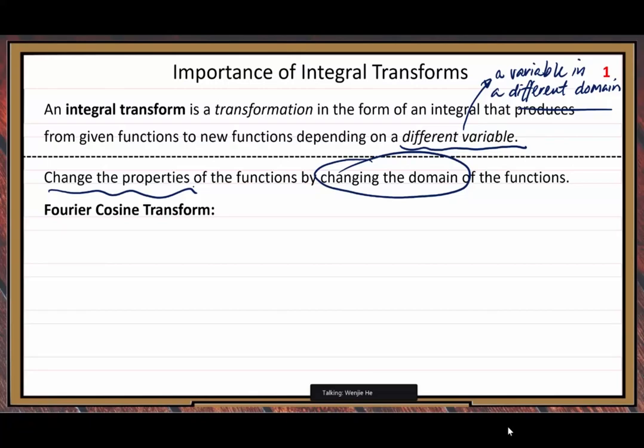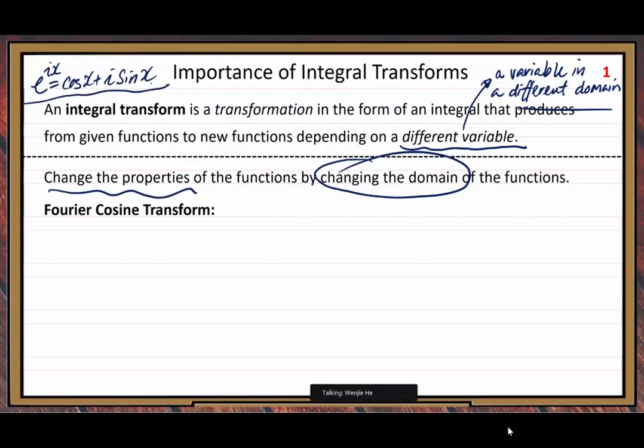Let me review the Euler formula a little bit, because we use sine and cosine quite a lot. E to the ix equals cosine of x plus i times sine of x. That's the Euler formula.